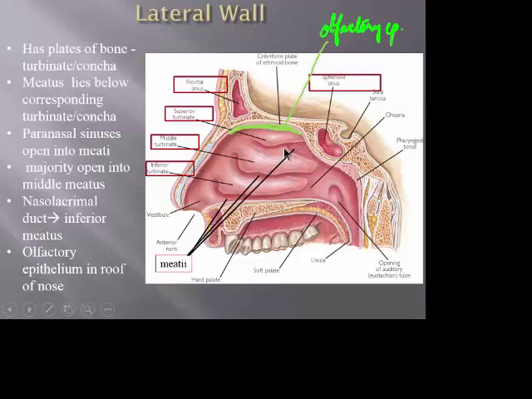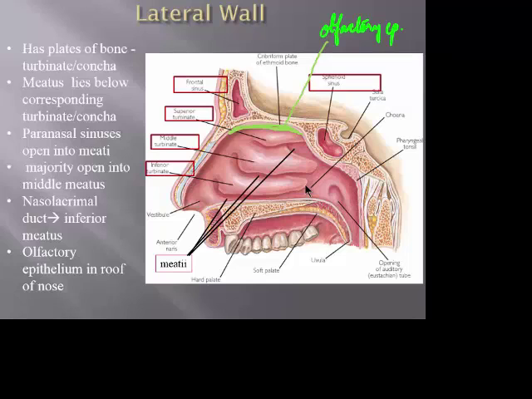There's a space below each of the turbinates, with the corresponding prefix, and the space is known as the meatus. So below the superior concha would be superior meatus. Below the middle concha would be middle meatus. Below the inferior concha is inferior meatus. Together, meatuses are called meati.